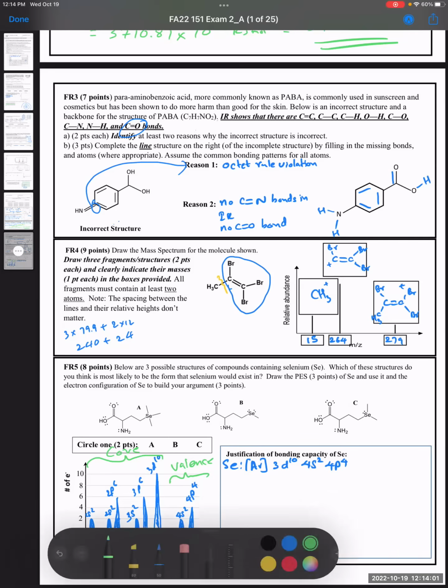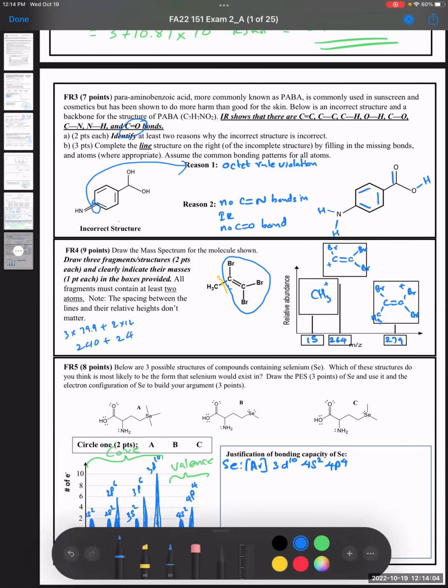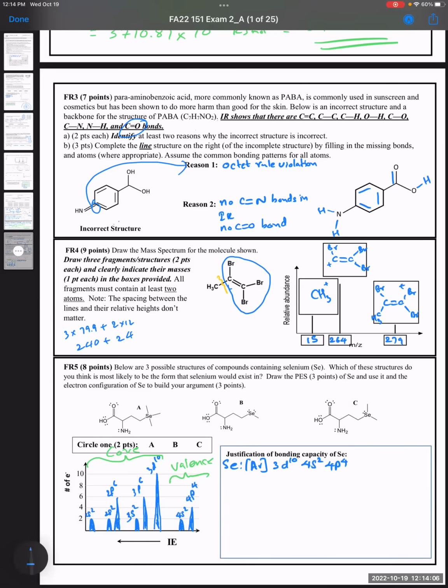So there are 6 valence electrons. Therefore 8 minus 6, or 2 vacancies in the valence shell.